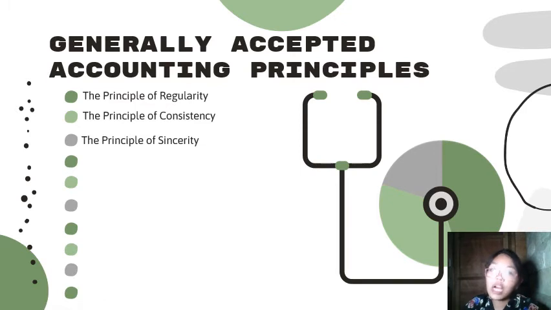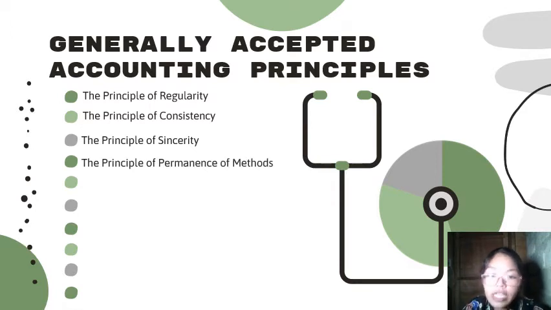The principle of sincerity, the provision of an accurate and impartial depiction of a company's financial situation. The principle of permanence of methods, the commitment to using consistent procedures, allowing comparison of the company's financial information.